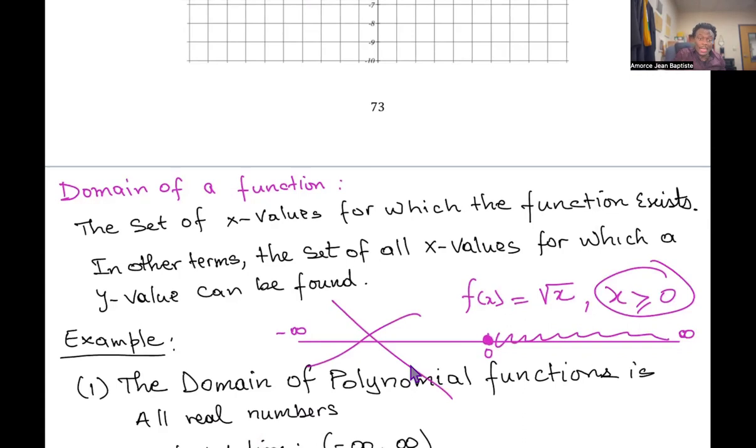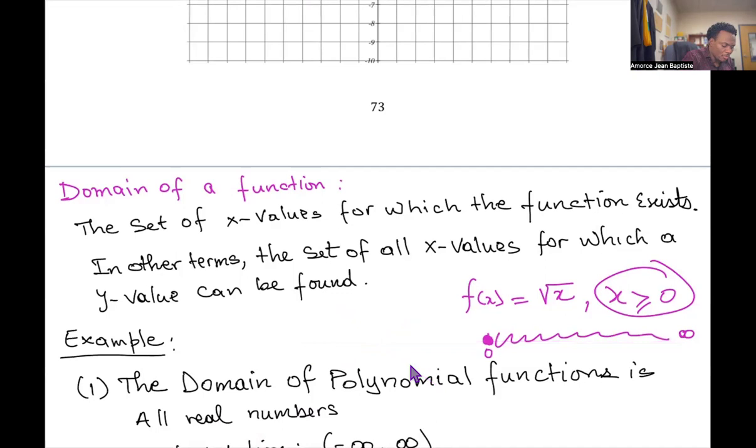So this function will not exist on the left side of the set of real numbers because you can only take the square root of positive numbers. That explains why the domain for this function f of x equals square root of x is conditioned based on whether x is greater or equal to 0 or not. So that's the restriction that applies to the type of function based on what the expression of the function is to find the domain.